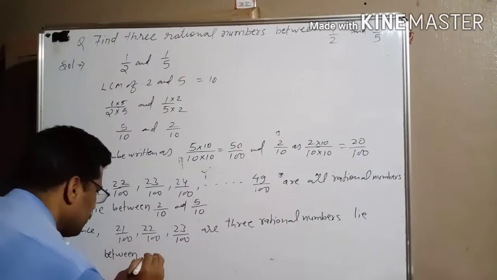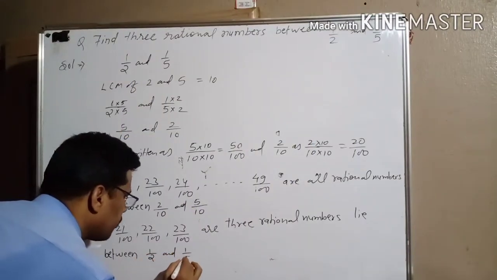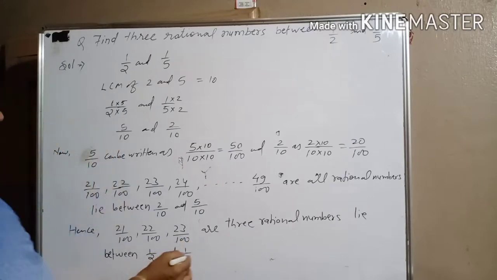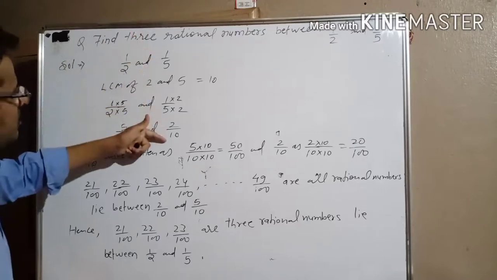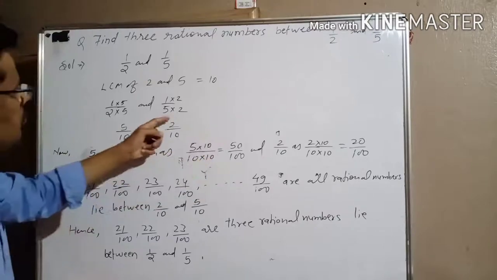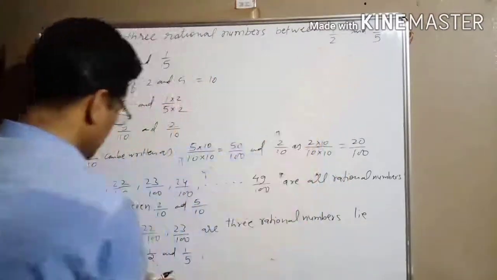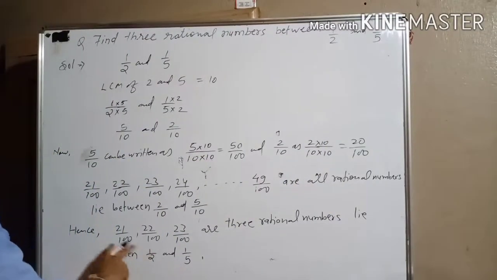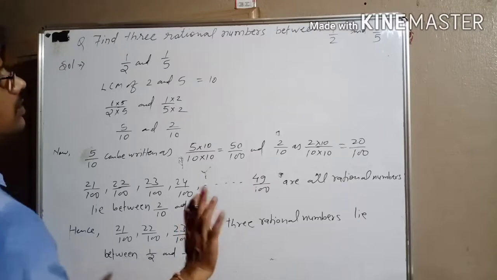This is the required answer. Because 1 upon 2 can be written as 5 upon 10, and 1 upon 5 as 2 upon 10. Then 5 upon 10 can be written as 50 upon 100 and 2 upon 10 as 20 upon 100. Actually, the numbers we had written last also lie between 1 upon 2 and 1 upon 5. No need to get confused. Okay.